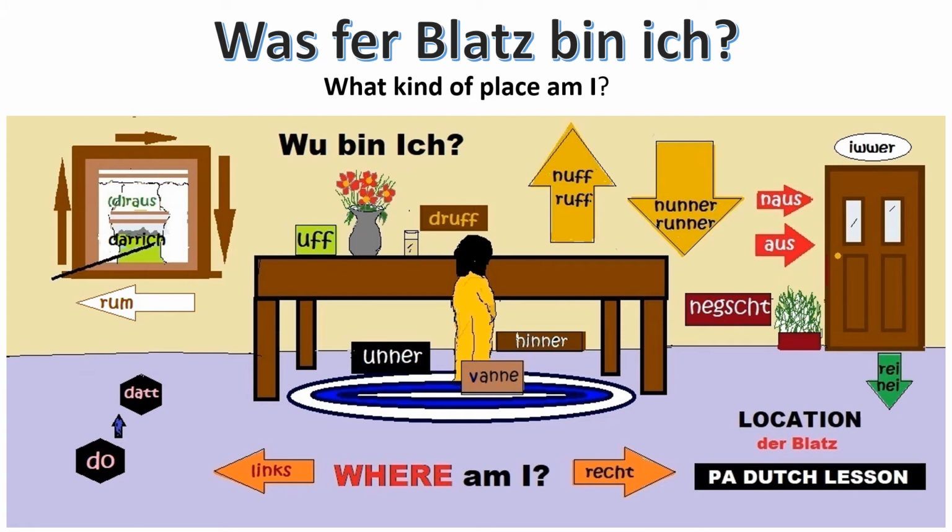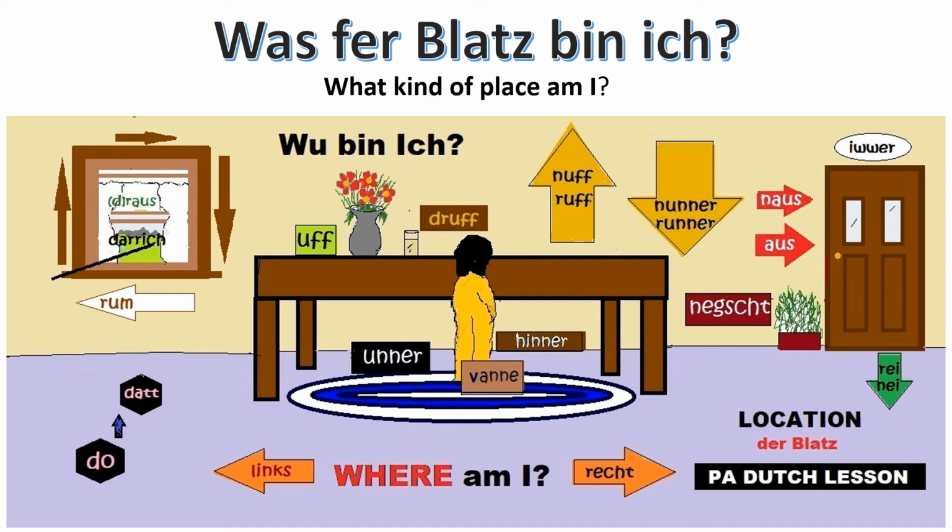Behind the table, up against the wall, is a block. Hinne, behind, is hinner. And then there's a small child standing in front of the huge table. So in front of, before the table, in front of the table, fanne, fanne. Der Kind steht fanne der Disch. The child stands in front of the table.